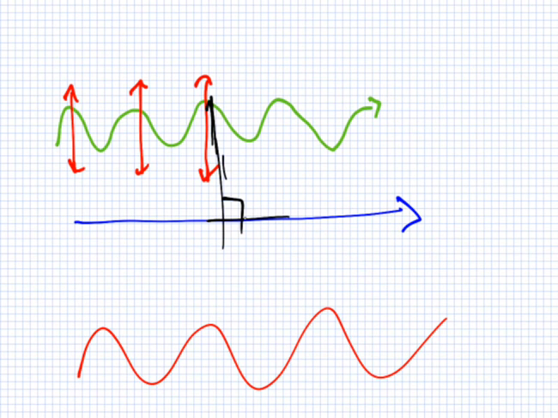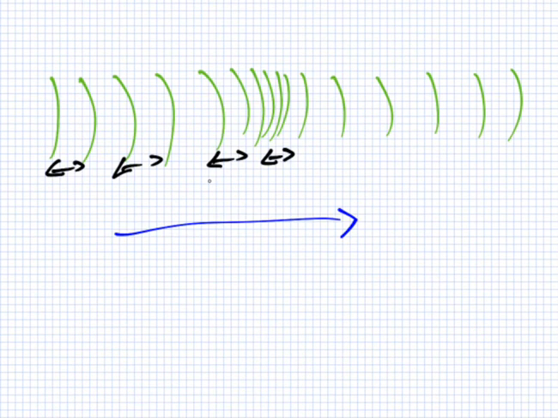Opening. There we go. Wave motion. Got that? Yeah? Okay.